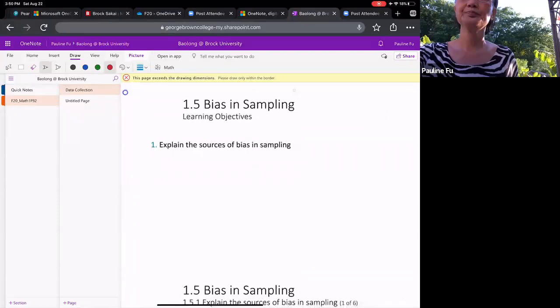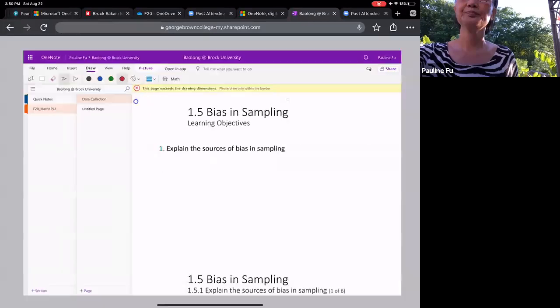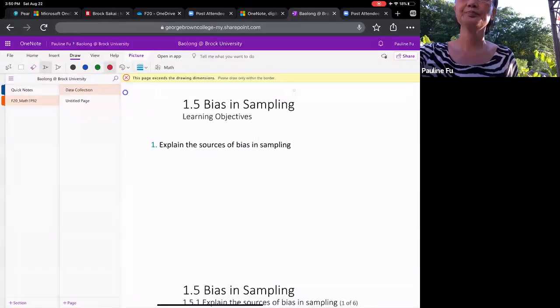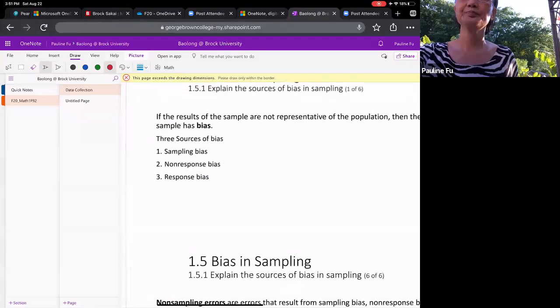Okay. Next one is the bias in sampling. The objective is to explain the sources of bias in sampling. There are 3 sources of bias.